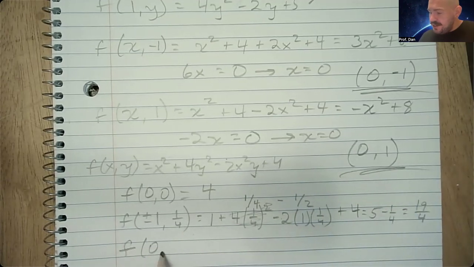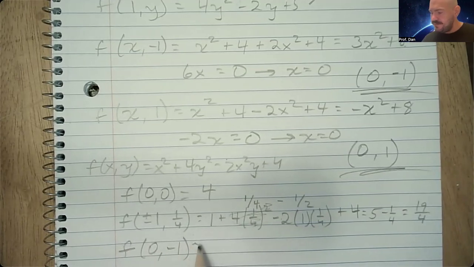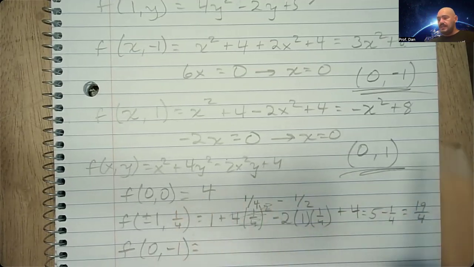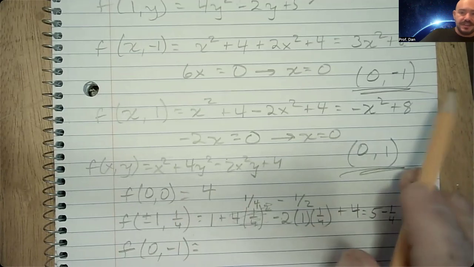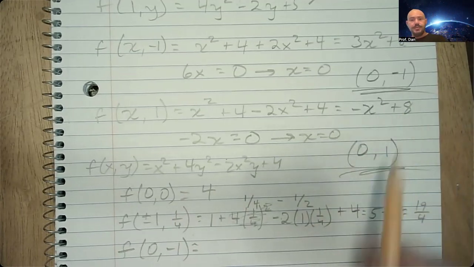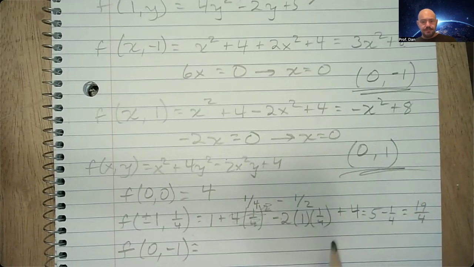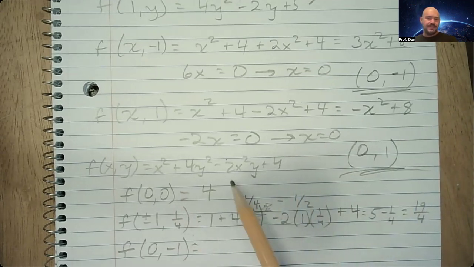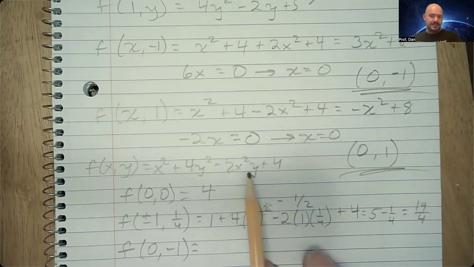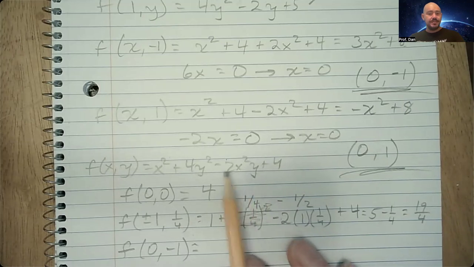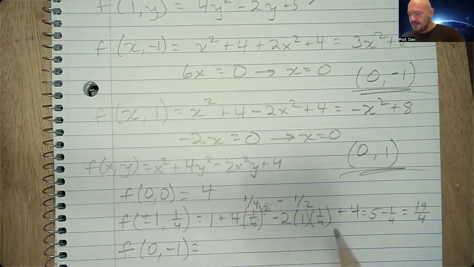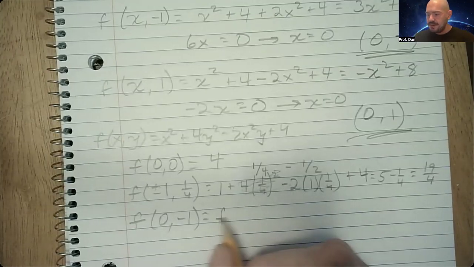Next, we have f of 0, -1. In this case, it actually does end up getting the same z coordinate for both of these points, but that's only because the x is 0. Because the only term where the sign of the y coordinate would matter has a factor of x squared, and if that's 0, that whole term is 0. So we're actually going to get the same thing for both of these.